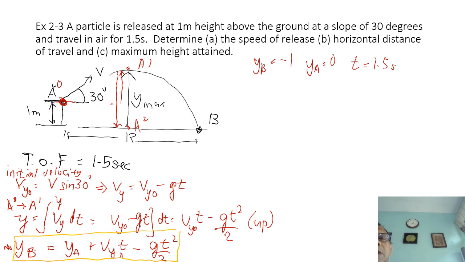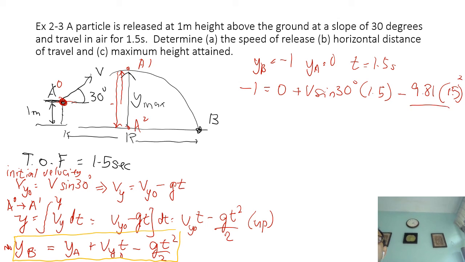So when you rewrite that equation, you have minus 1 equals 0 plus V sine 30, times the time of flight 1.5, minus 9.81 times 1.5 squared over 2.